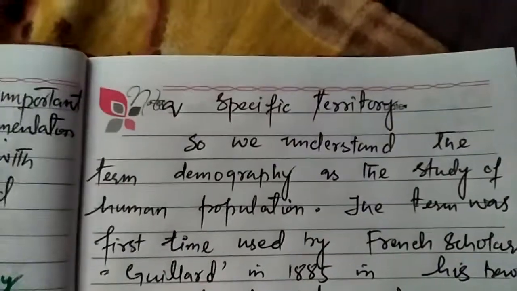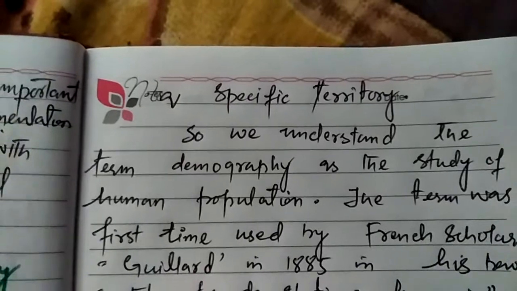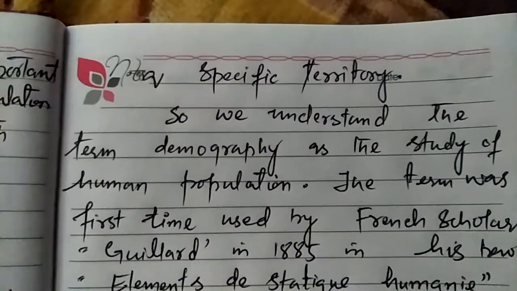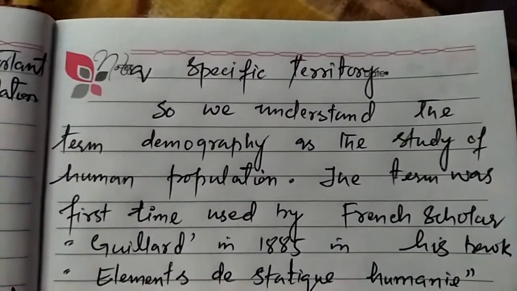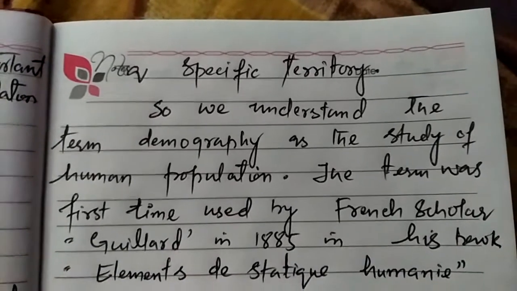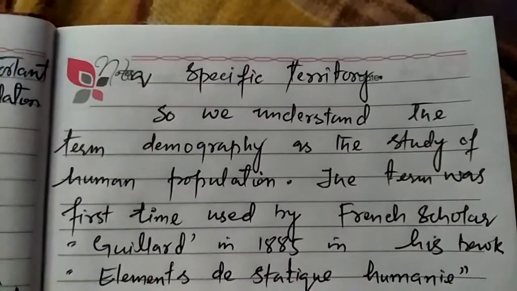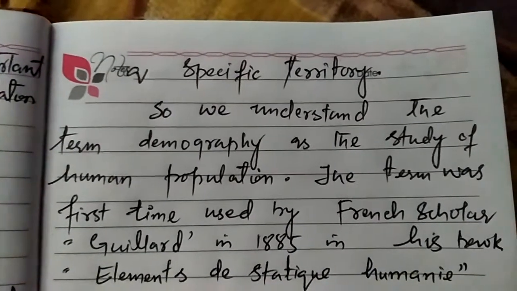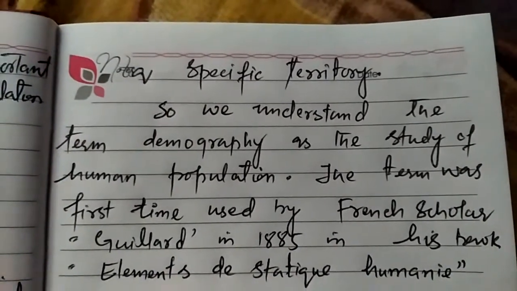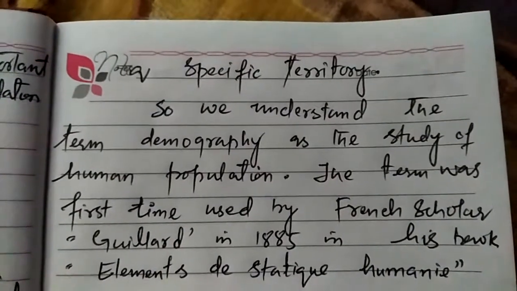We do a census for how many people live in a territory or area. In India, the census is being done after every 10 years, and the collection of data is being carried out meticulously and authentically.